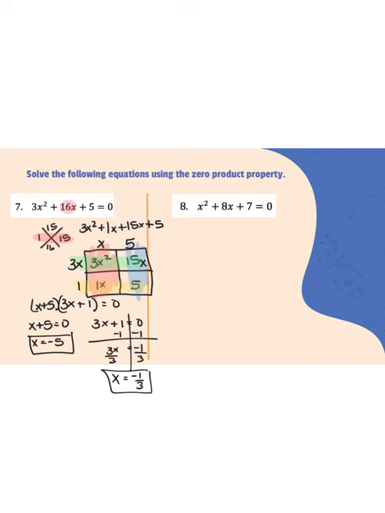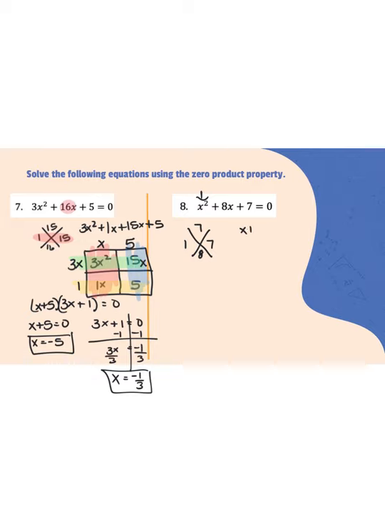1/3. Okay, number 8, our last one here. I'm going to go ahead and start with factoring. A times the C, so I have a 7 on top and an 8 on the bottom. Well, I know only 1 and 7. And because our A value is a 1, we can use the shortcut method. And we could have done this earlier in the slides too, but we're just doing this now.